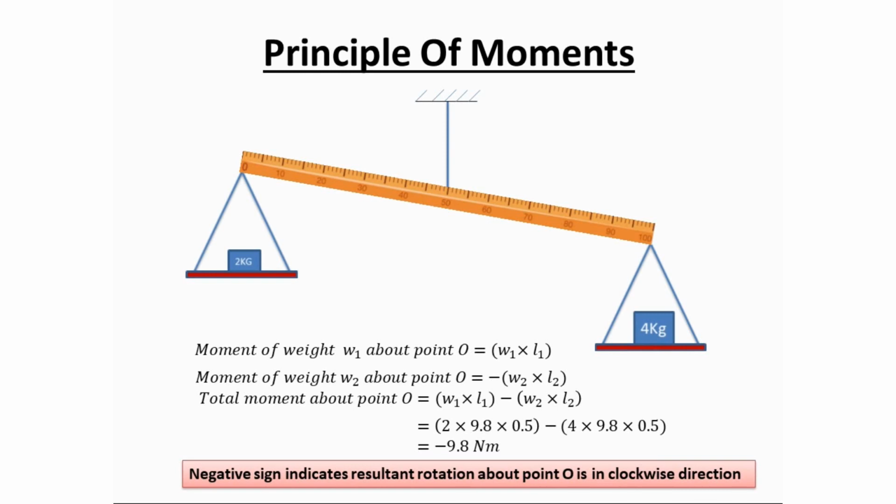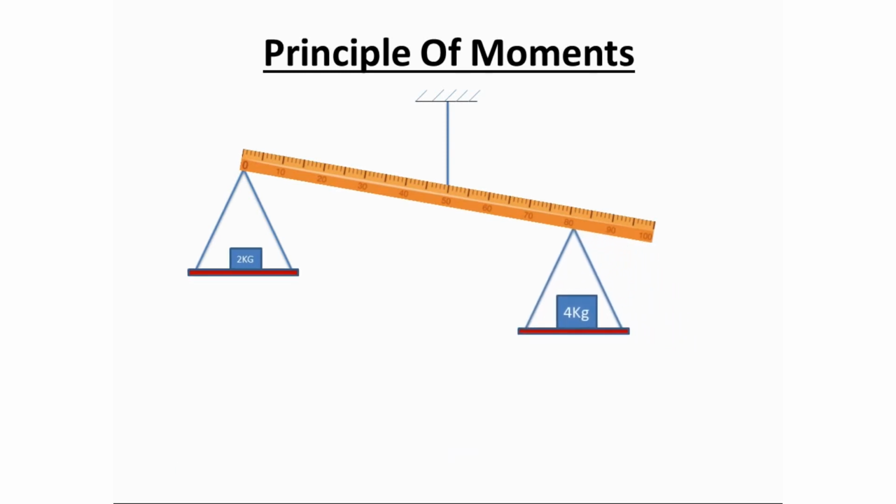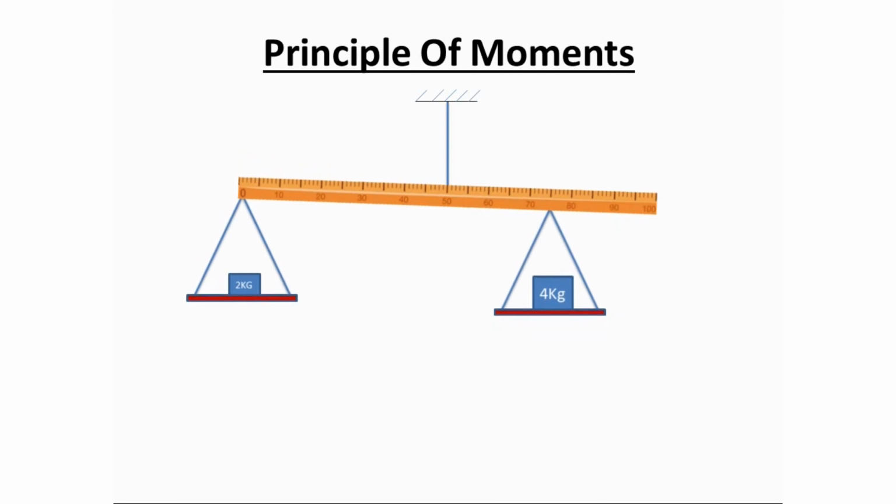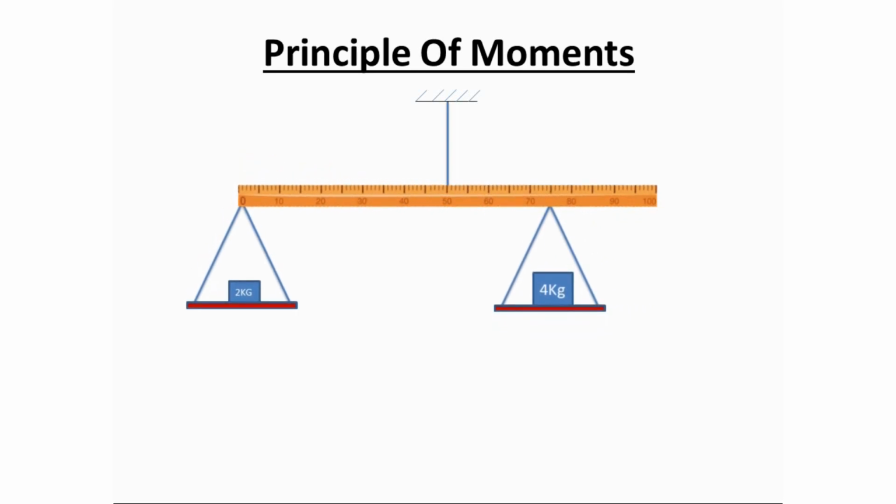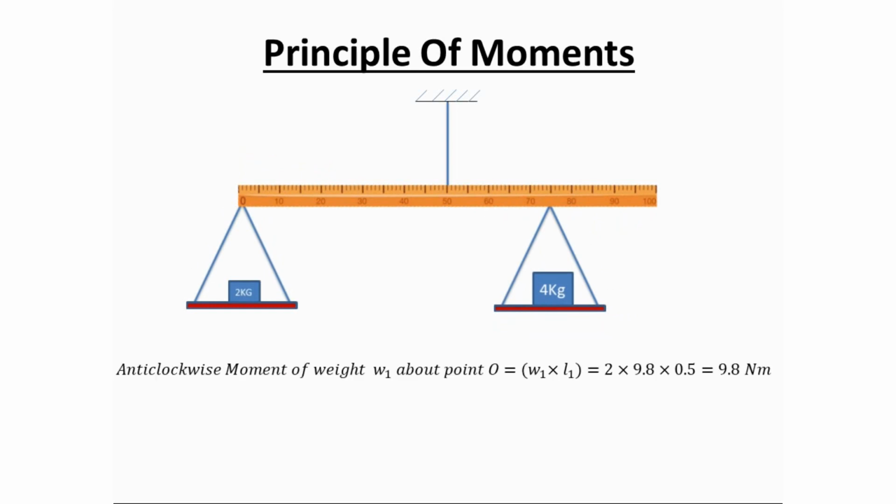Now if I move the right pan to this position, that is at 75 centimeter, the ruler again becomes horizontal. So the anticlockwise moment of weight W1 about point O is equal to W1 into L1, which is equal to 2 into 9.8 into 0.5 equals 9.8 Newton meter.